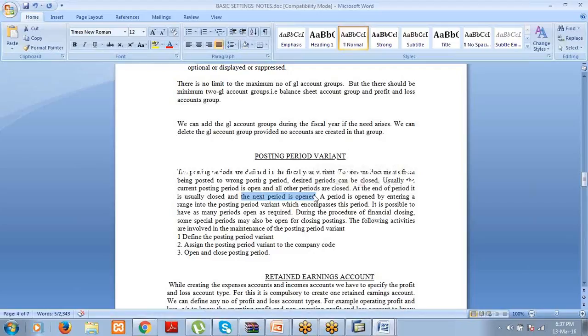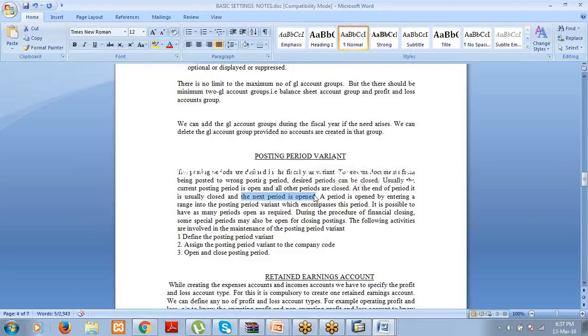That's why these periods are opened on the last day of every month. Suppose every month we carry on some activities, which are called month closing activities. As a part of the month closing activities, the users will open the next period before leaving the organization on the last day of the month.